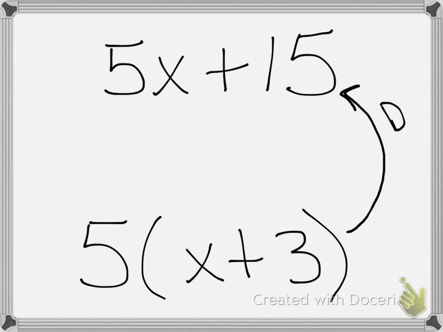So this one has been through the distributive property already, and then if I factored the one up top, it would look like this. So this one's factored, and then if I use the distributive property, it would go back up to the top one. Okay, so that's just something to get in your head. You're using those two methods to go back and forth.